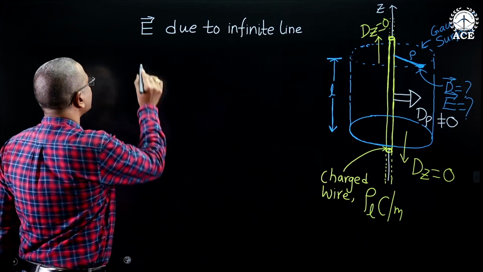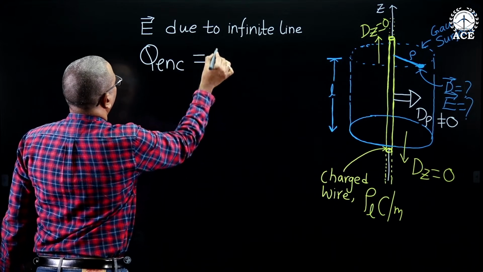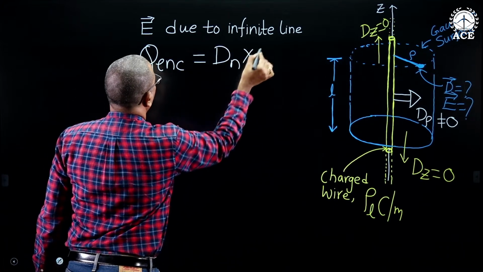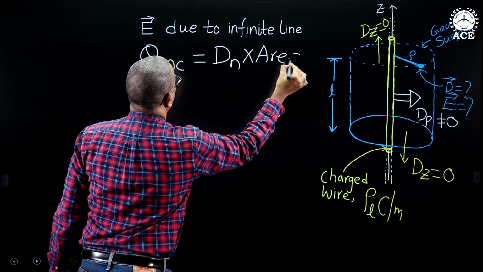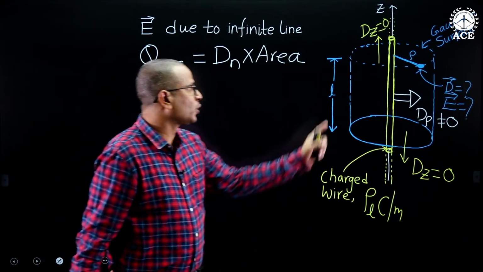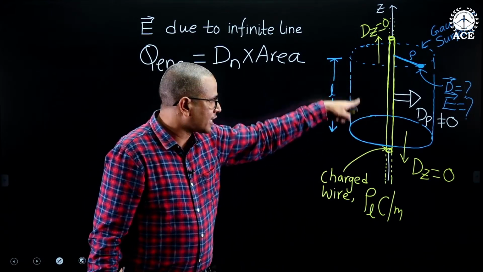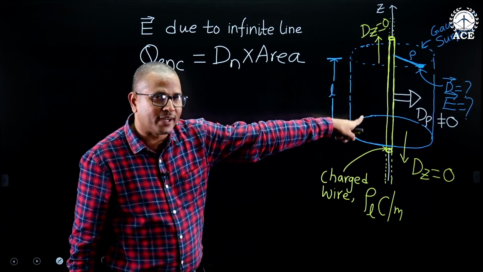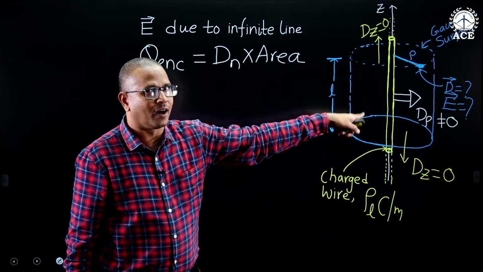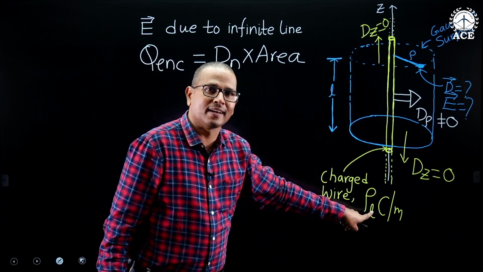Okay? What is our Gauss law? Q enclosed, the simplified one, is equal to Dn into area. What is the charge enclosed by the Gaussian surface? Look at the Gaussian surface. Charge enclosed is nothing but the charge contained by the source. Dear students, is it a point charge or is it a line or sheet or volume charge? No doubt that it is a line charge.